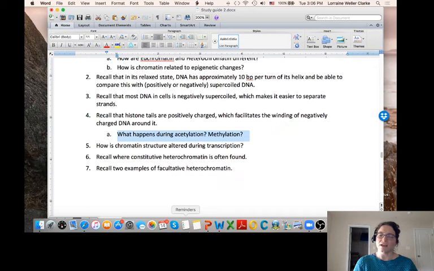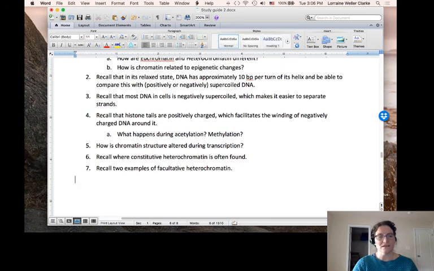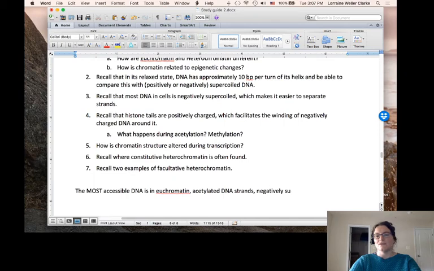Again, understanding what happens. So, in this sense, understand the most accessible DNA is in euchromatin. DNA strands negatively supercoiled. Okay?